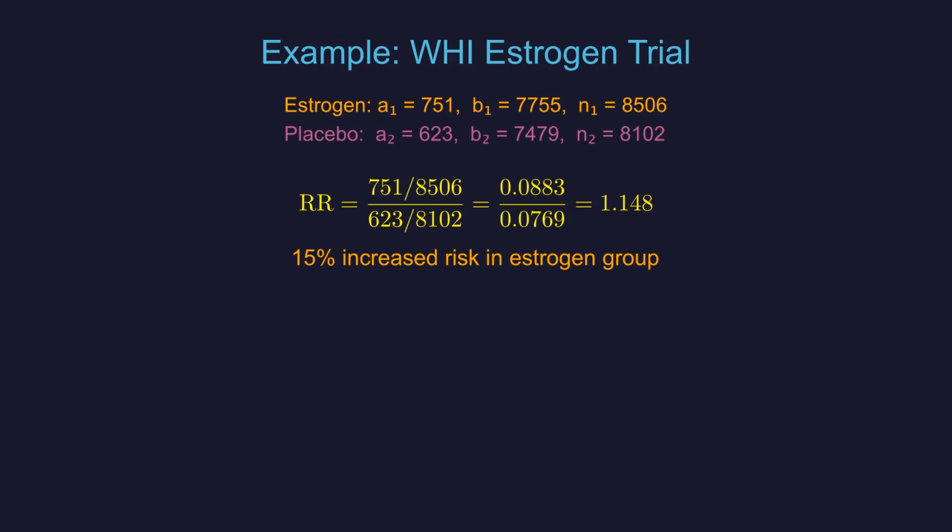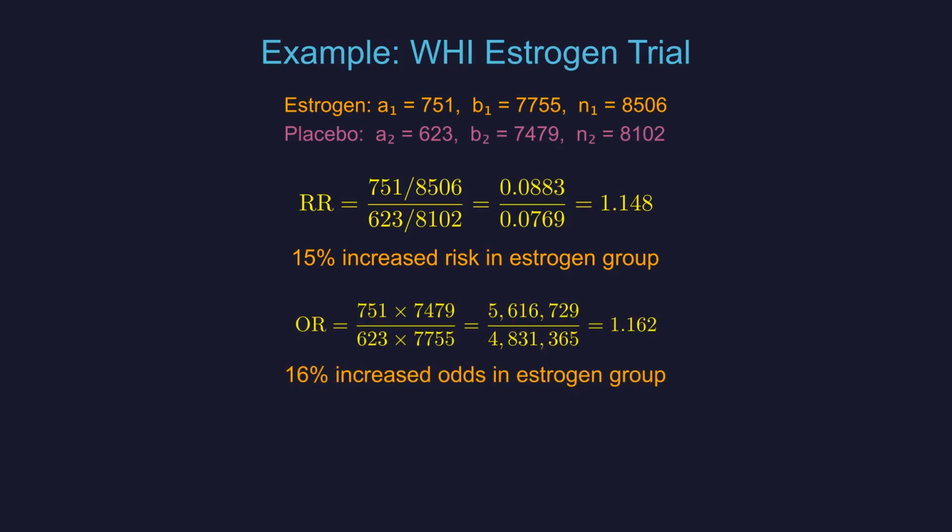This means a 15% increased risk in the estrogen group. The odds ratio is 751 times 7479 divided by 623 times 7755, which equals 1.162. A 16% increase in odds. Notice how close RR and OR are. This is because the disease incidence is relatively rare, around 8%.